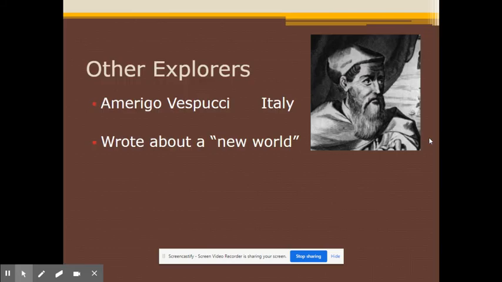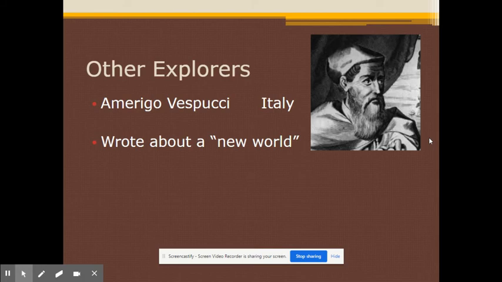Other explorers will verify his work and actually do some of the things that he originally set out to do. So at the bottom of your note page, we have a couple blanks here to finish and fill out.